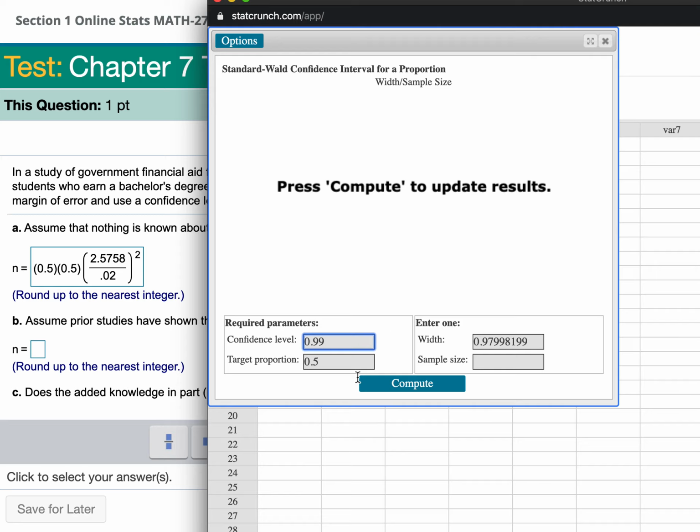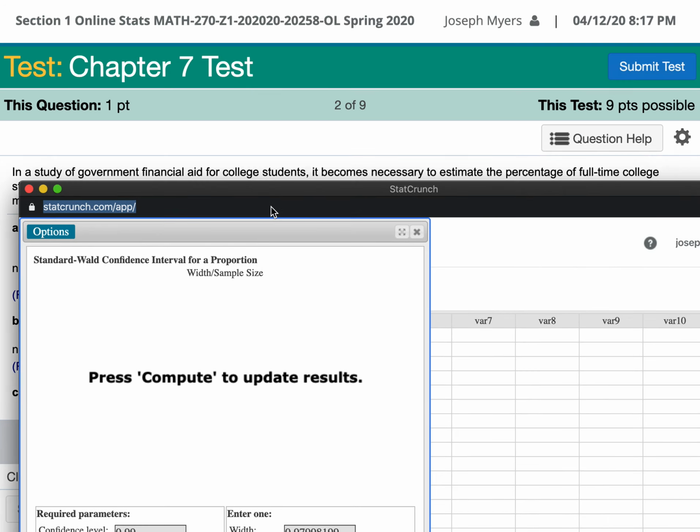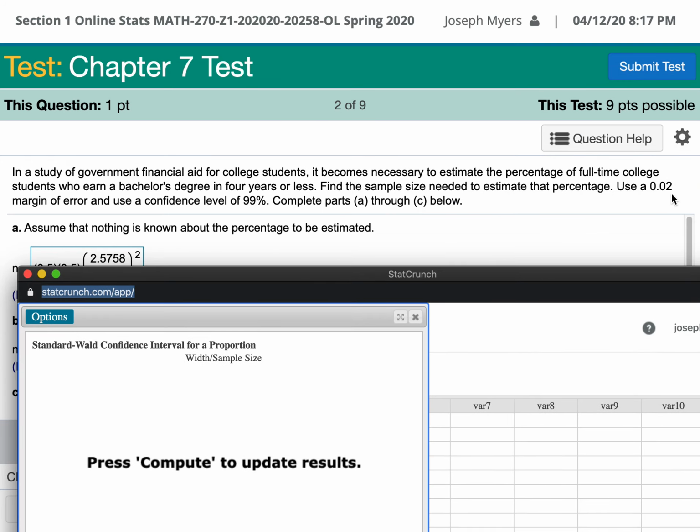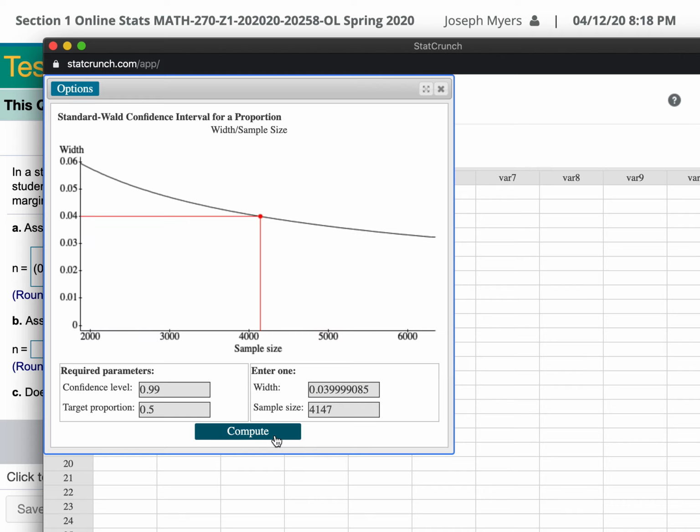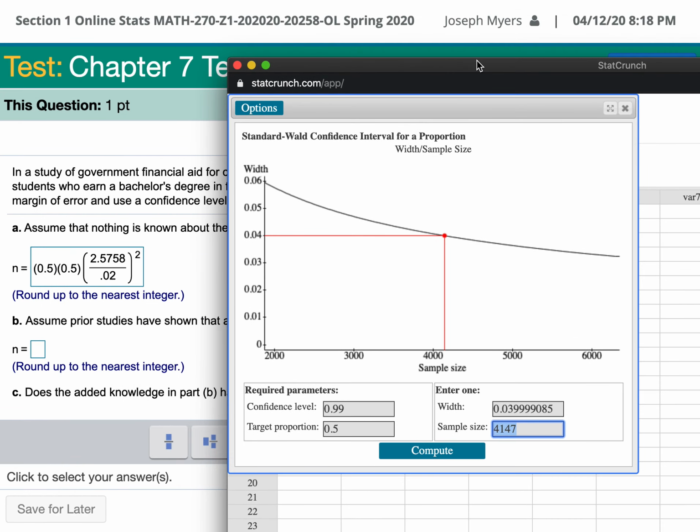And if you don't know anything about your target population, then you assume it's a 50-50 chance, so you will assume that it's 0.5 for your target proportion. And then for the width, a margin of error 2%, there's a right side and a left side, so you double that to get the total width. So if you double 0.02, you get 0.04. And then you click compute, and then you get the sample size 4147 directly from there.